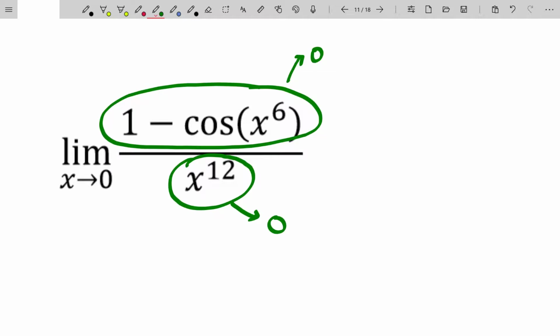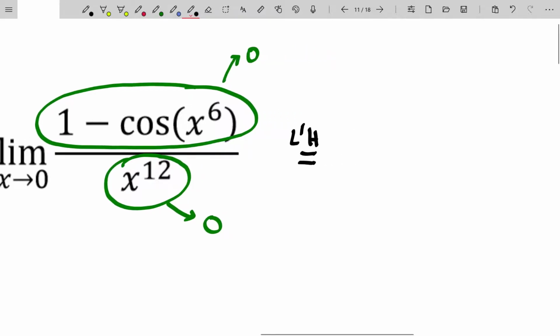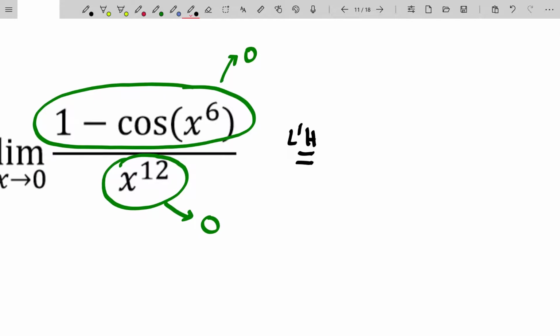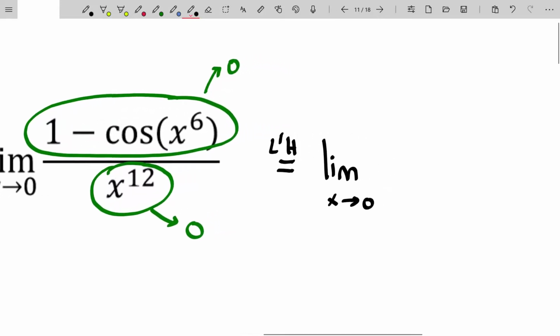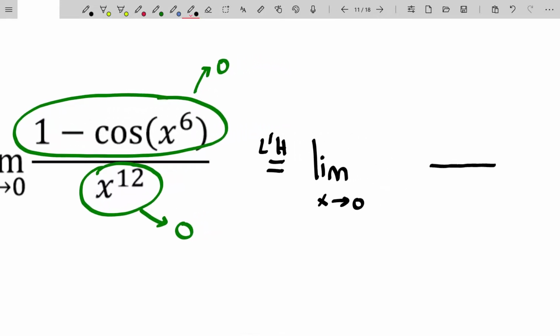If I can't use algebra to simplify this, I will use L'Hopital's rule. So L'Hopital's rule says that because it's indeterminate of the form 0 over 0, we're just going to take that limit as x approaches 0, because that's what the original limit was. And we'll take the derivative of the numerator, which is a bit of a messy derivative, to be honest with you.